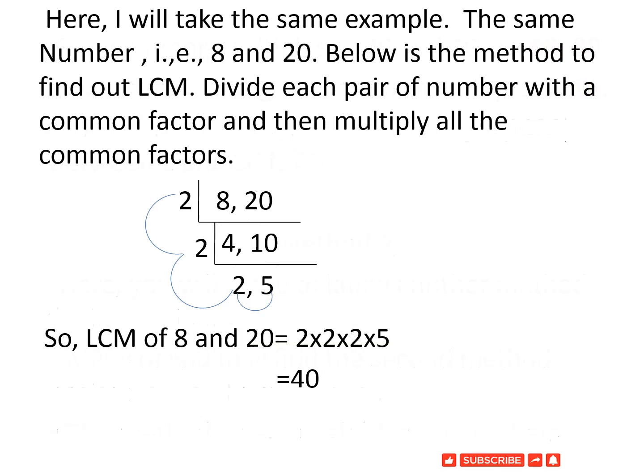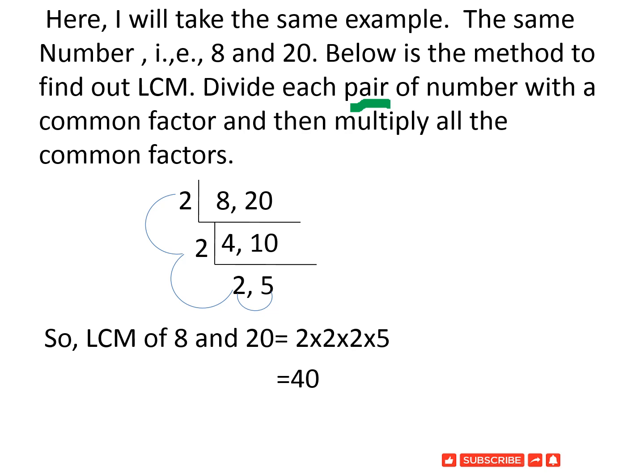Just have a look. Here I'll take the same example, the same numbers, that is 8 and 20. Below is the method to find the LCM. Divide each pair of numbers. Here I have written pair because I was given only two numbers, but you may be given a series of numbers.